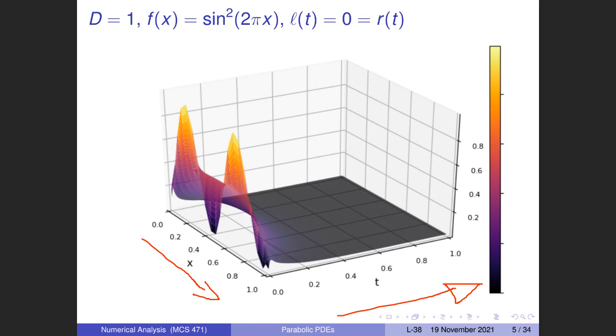So we have an initial temperature distribution. The initial temperature is described by a positive sine function. So the temperature is positive, the diffusion constant is 1, and at the boundary, assuming that our interval is insulated, the temperature there is 0.